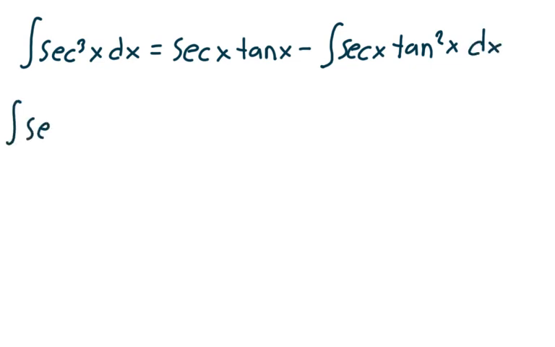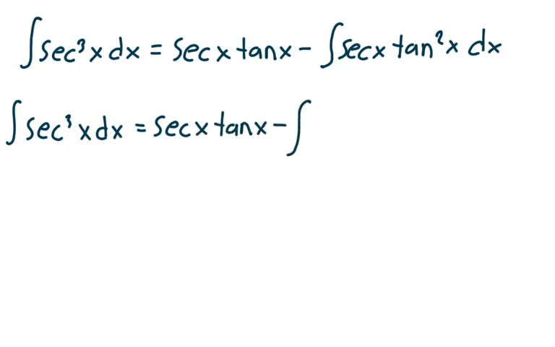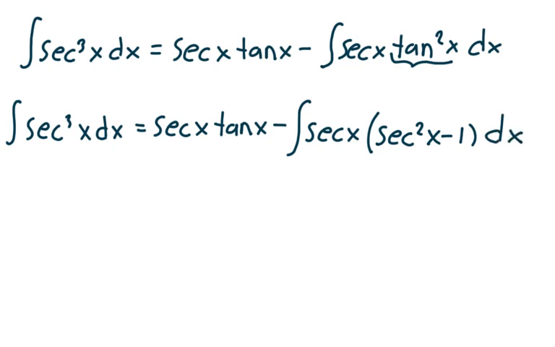The integral of secant cubed x dx is secant x tangent x minus the integral of secant x times, I'm going to rewrite tangent squared x as secant squared x minus 1, and then I'm integrating with respect to x.